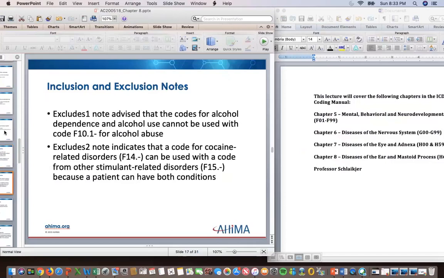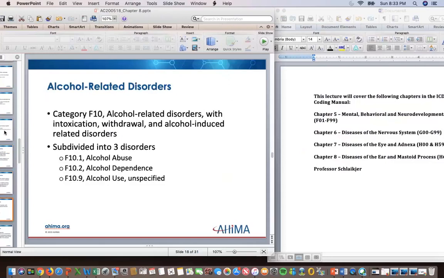So I'm actually looking at the Section I conventions, general coding guidelines and chapter-specific guidelines, and that is A, conventions for ICD-10-CM, and you'll see number 11 talks about inclusion terms, 12 talks about exclusion notes 1 and 2. So please go back and review those if you are unfamiliar or have forgotten or are just getting used to reviewing the coding manual, as they will pertain to every chapter.